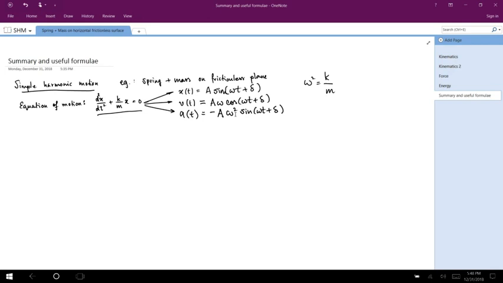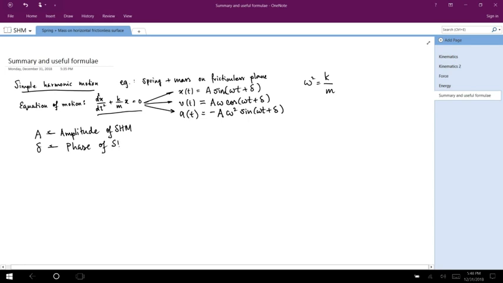Some important parameters in this problem are the following. A is referred to as the amplitude of the SHM. And delta is referred to as the phase of the SHM.